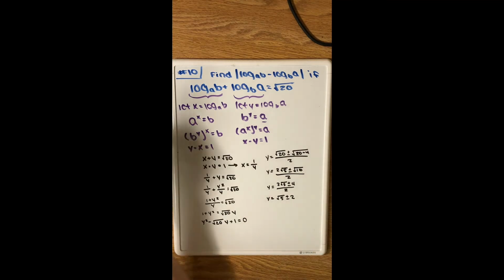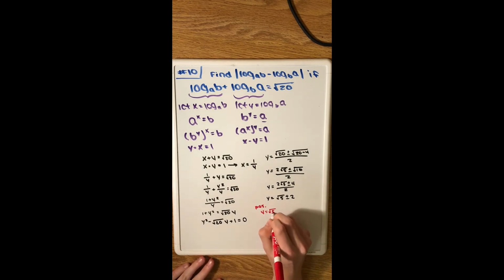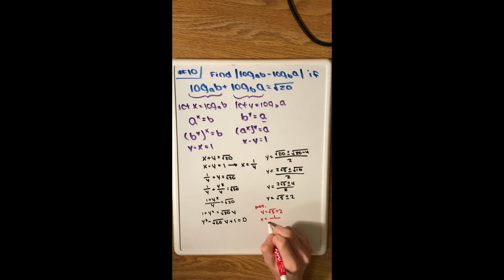So if y is equal to the positive of this, so you get y is equal to radical 5 plus 2. This means that x is equal to 1 over that value because of this first equation. And you get 1 over radical 5 plus 2, and this can be simplified to radical 5 minus 2.